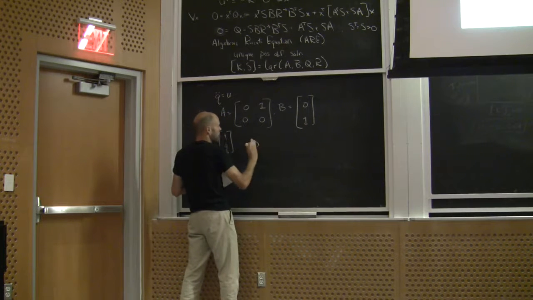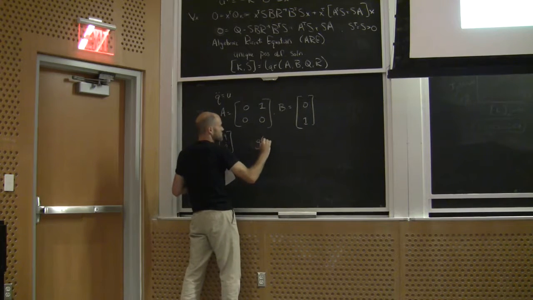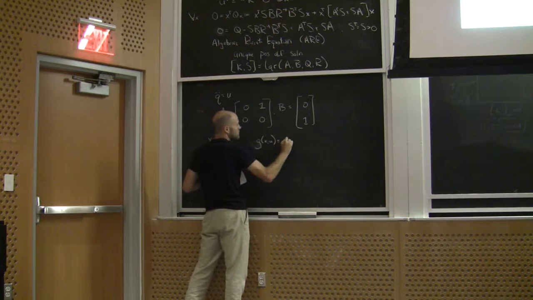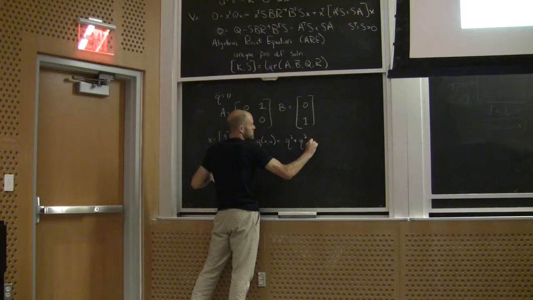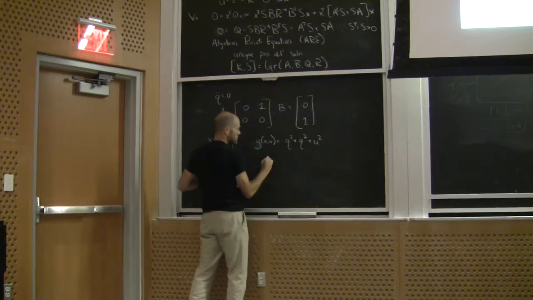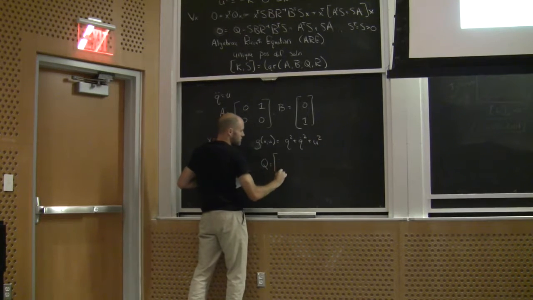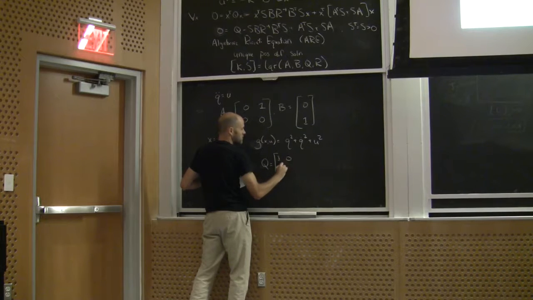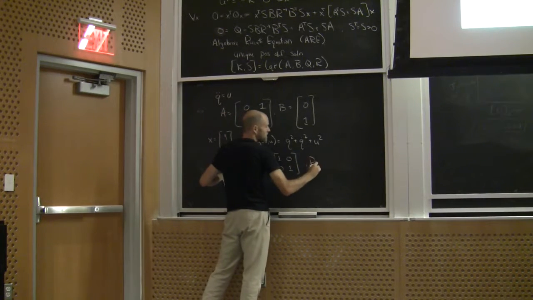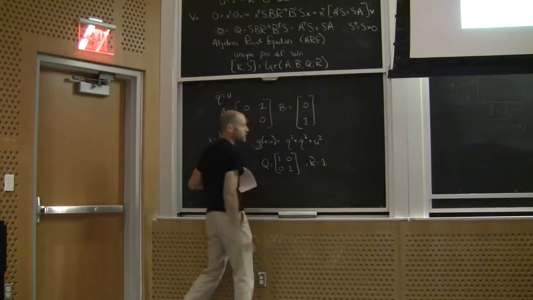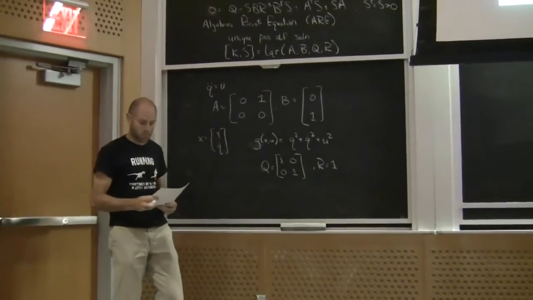And then my cost function, so Q was just the identity matrix, and R was 1, right?